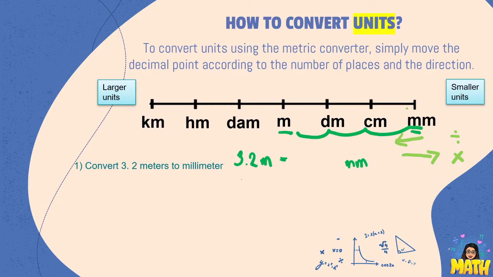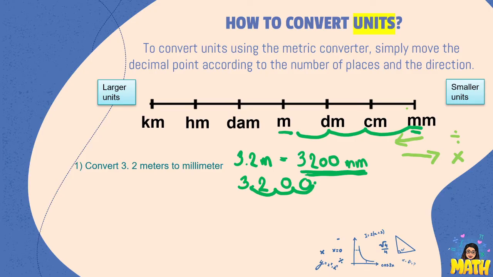Sabi, we simply move the decimal point according to the number of places and the direction. So, this one is from left to right. 1, 2, 3. So, therefore, it will become 3,200. That means 3.2 meters equals 3,200 millimeters.